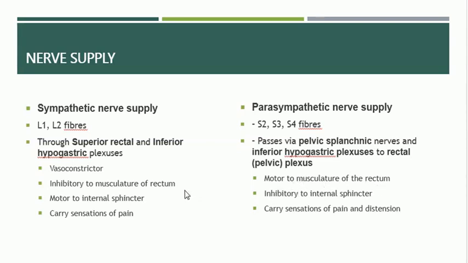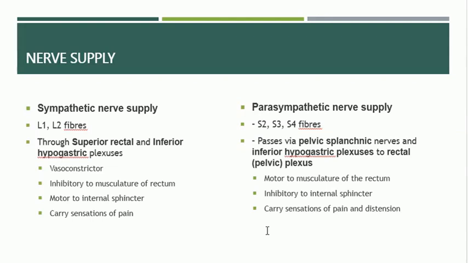Sympathetic fibers were inhibitory to the musculature of the rectum, and vasoconstrictor. Parasympathetic fibers are inhibitory to the internal sphincter, while sympathetic were motor to the internal sphincter.